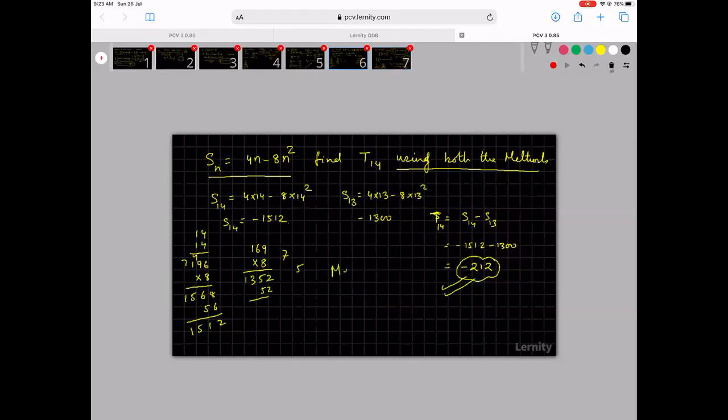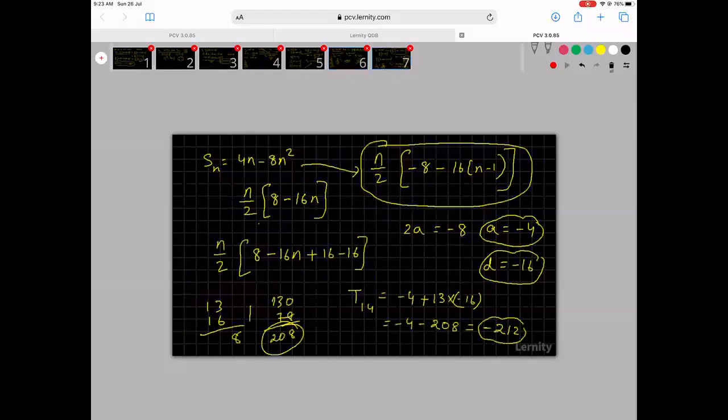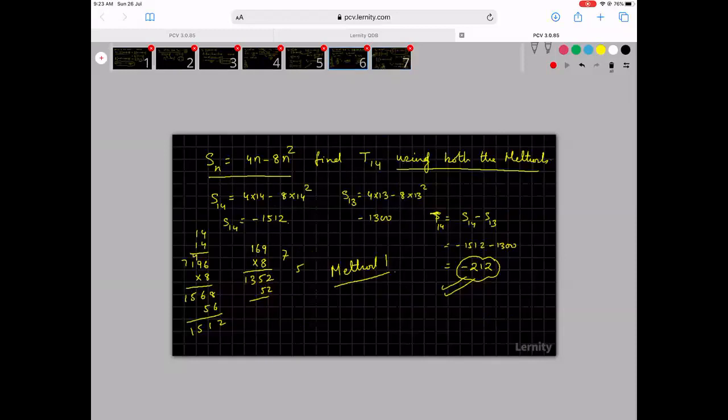So this is method 1. This is method 2. Okay, so first make note of method 1, then you make note of method 2.